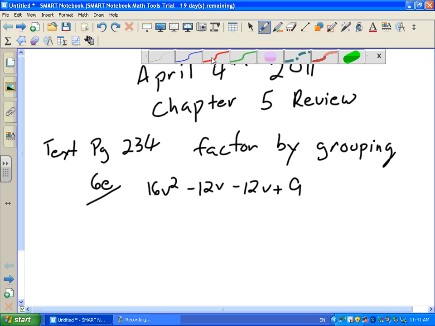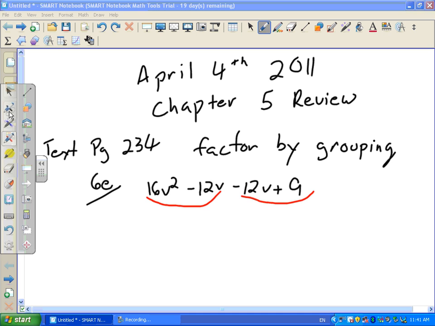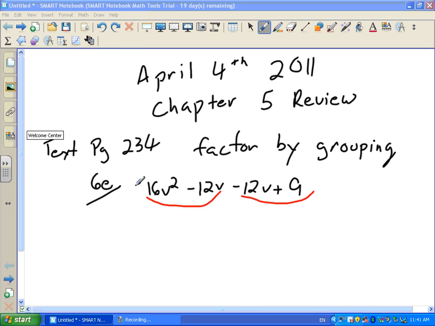In a question like this, I want you to realize that you're looking for a greatest common factor in the first pair, and a greatest common factor in the second pair. So we have our two pairs. My greatest common factor here, I've got 16 and 12. I know 4 comes out.